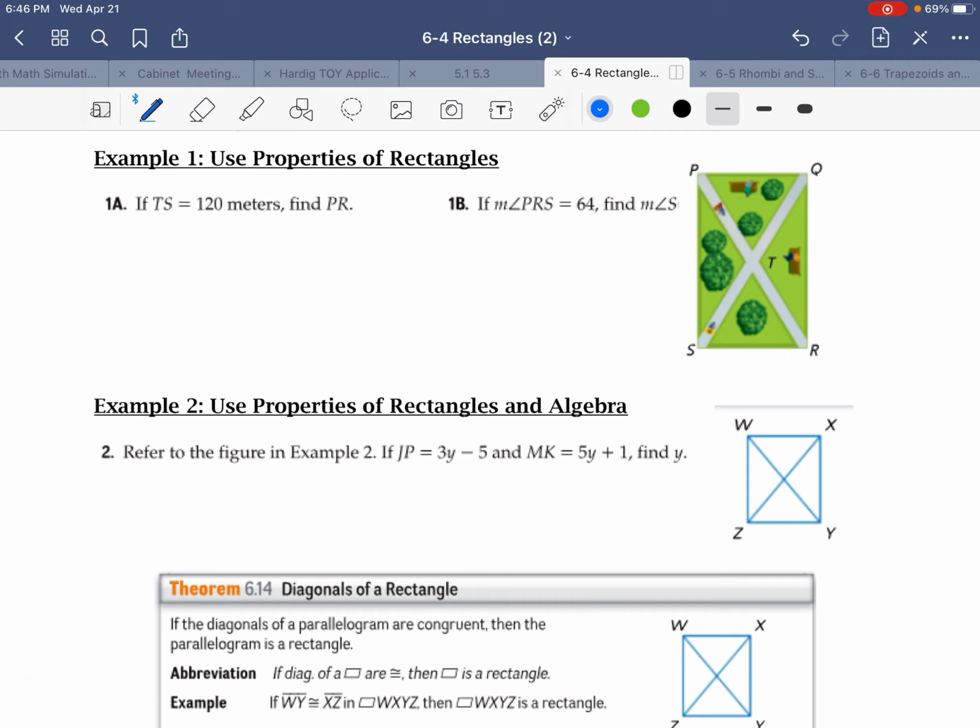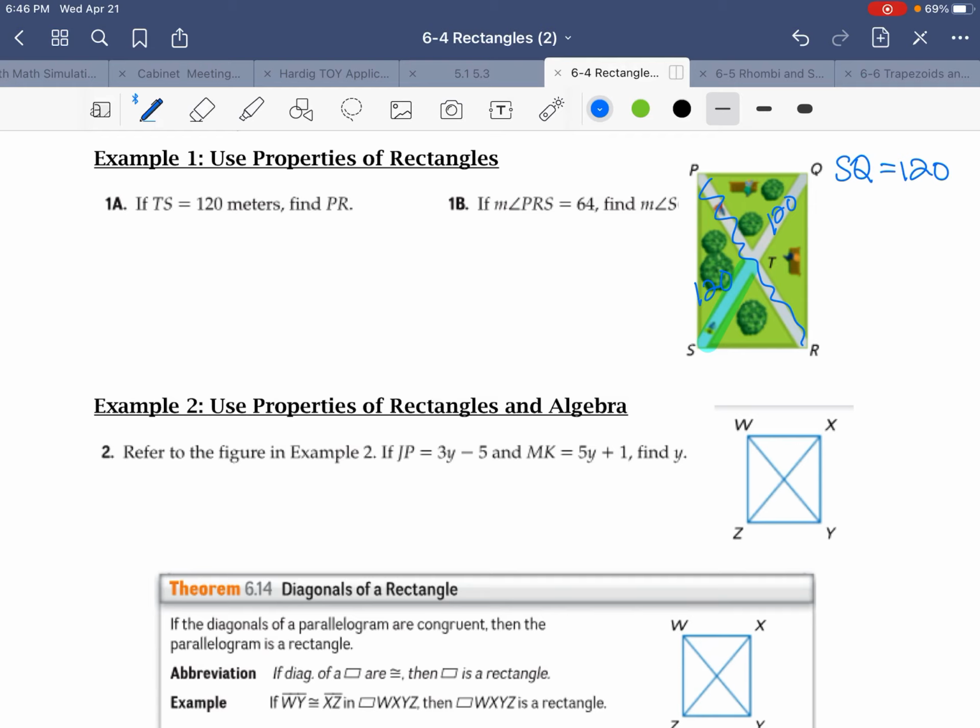They tell us that if segment TS, which is right here, is 120 meters, then we want to find PR. Well, I know that if TS is 120, then TQ is also 120, which means that SQ is also equal to 120.